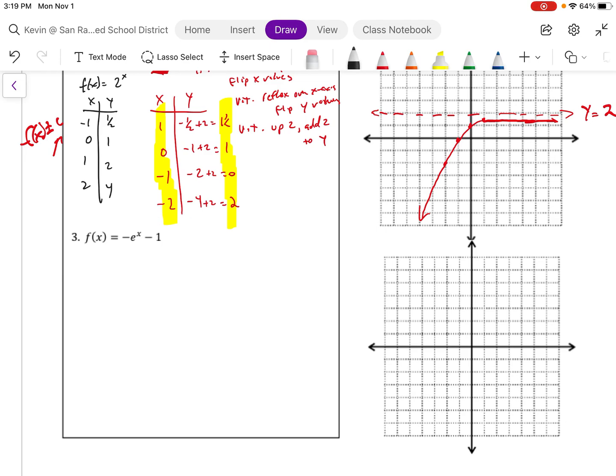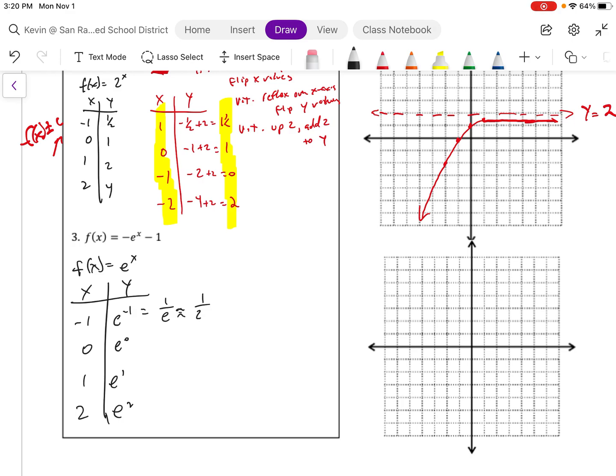Lastly, our parent function is f of x equals e to the x power. Exponential function, x, y. So again, exponential, we're going to go negative 1, 0, 1, and 2. So it's going to be e to the negative 1, e to the 0, e to the first, and e squared. This is 1 over e, which is approximately 1 over 2.72.